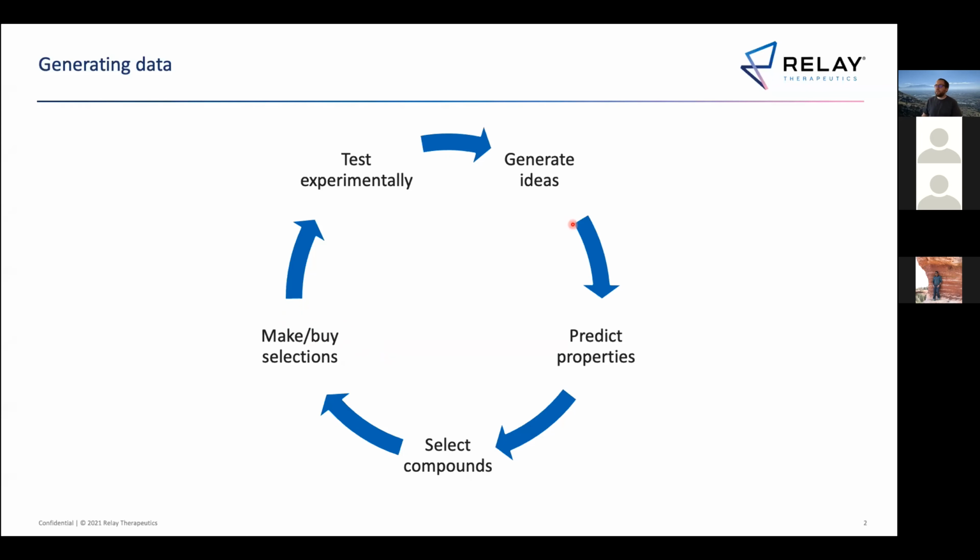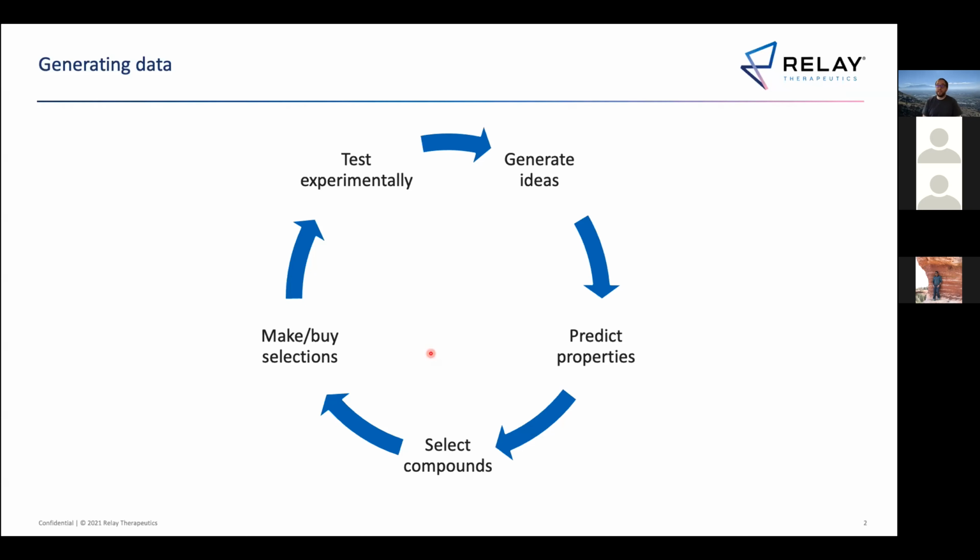But today I want to focus on this circle as being a process, a closed loop. A goal that we talk a lot about in this field is being able to run this process over many iterations, and to do so in such a way that it's an active learning paradigm where over time we gradually gather the data that we need to make our models better, and then eventually come up with compounds that have the best multi-objective properties in this iterative pathway.